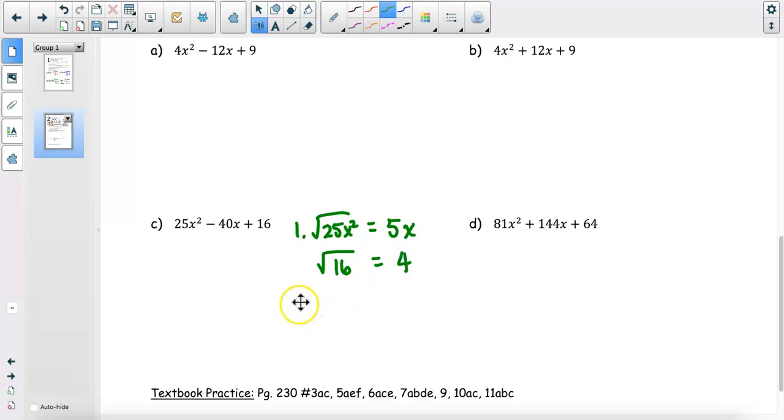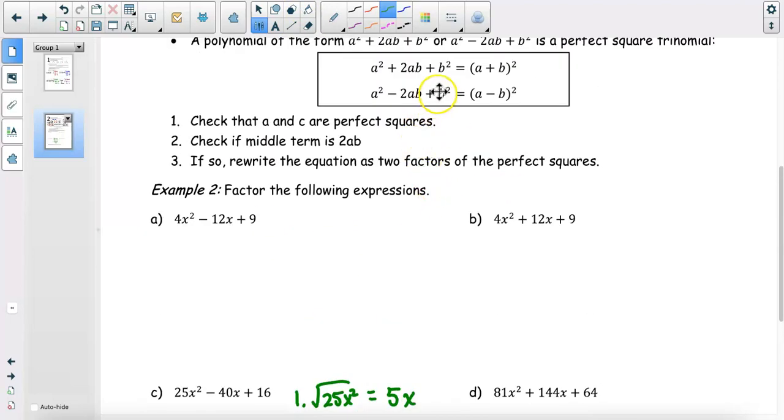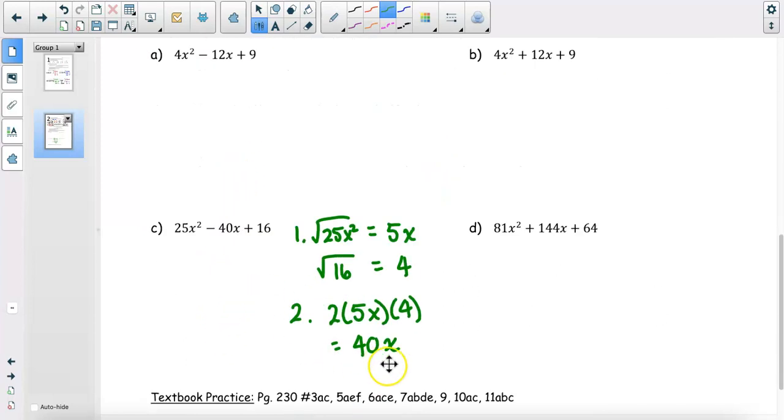So far, so good. The second thing we have to do is see if we take 2 multiplied by this 5x, which is our A, multiplied by the 4, which is the B, and we're going to see that this is equal to 40x. So does that equal, you can see from our equation here, this middle term? Yes, it does.